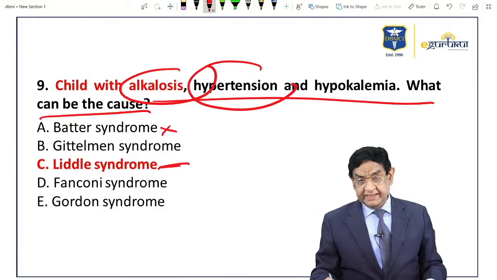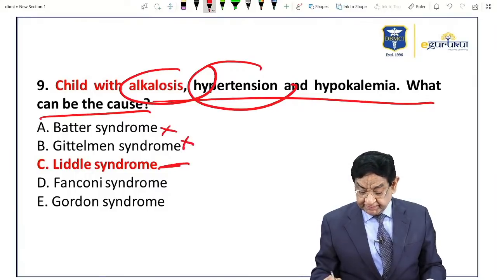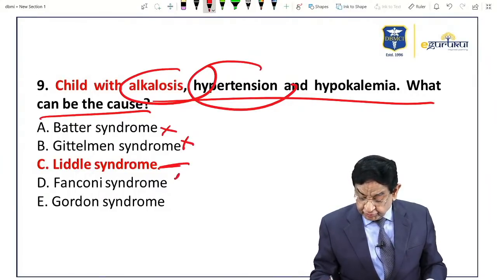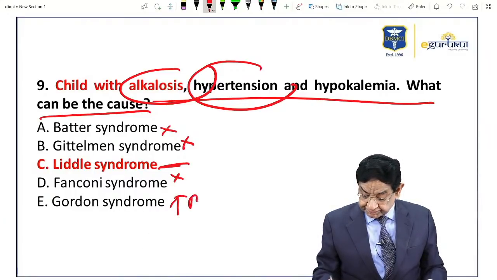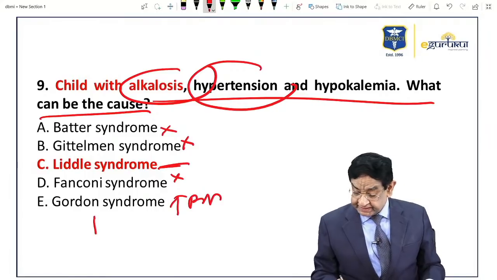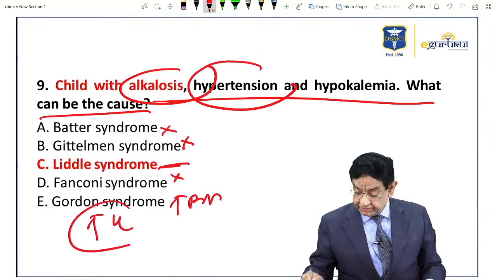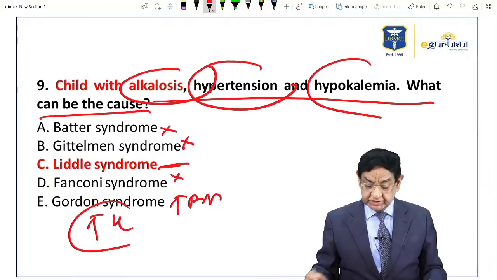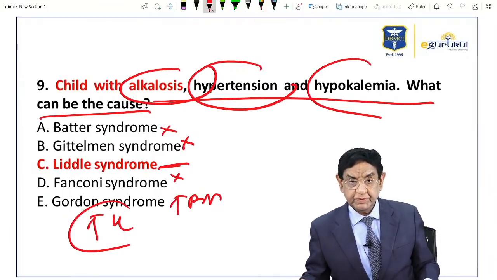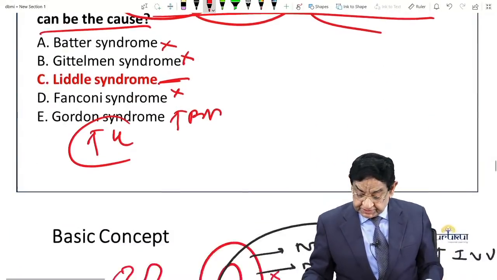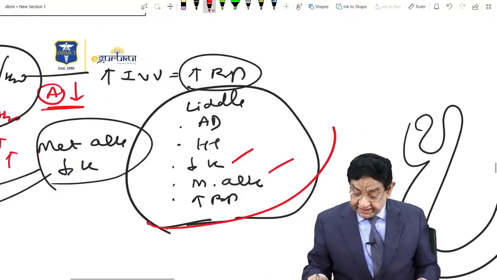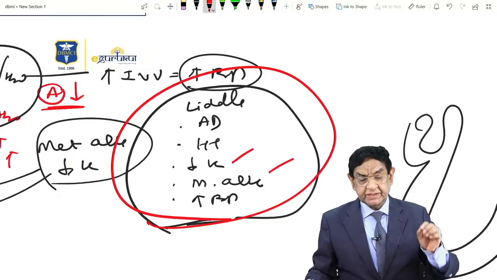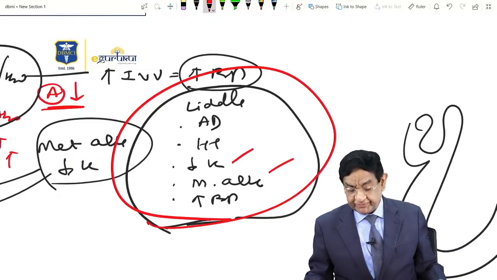We don't get increased BP in the first one. Fanconi also doesn't have increased BP. In Gordon, BP is high, but there is hyperkalemia. Here we have hypokalemia, so this is also ruled out. So friends, this is the golden line to remember regarding Liddle syndrome. Remember this much is good enough.